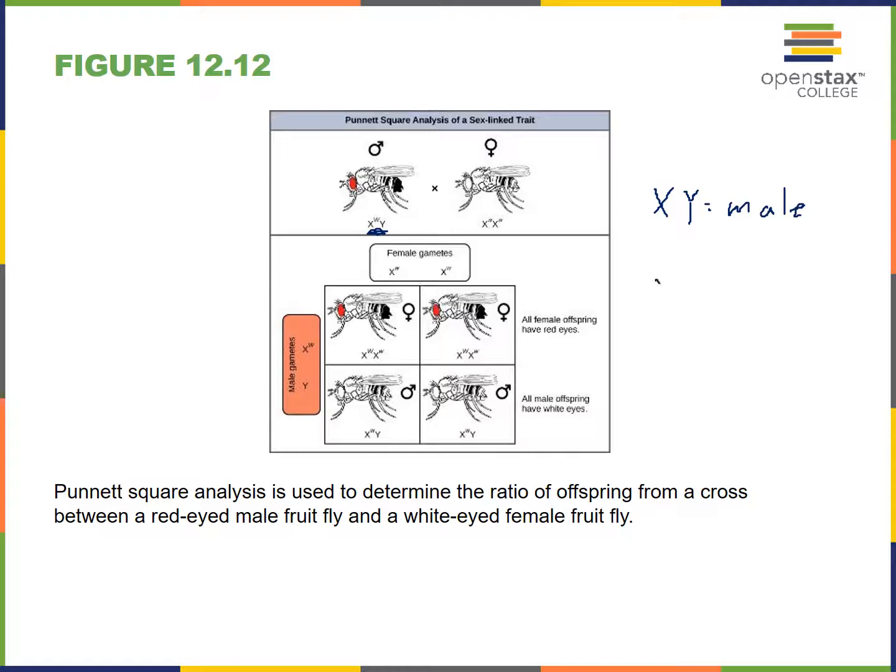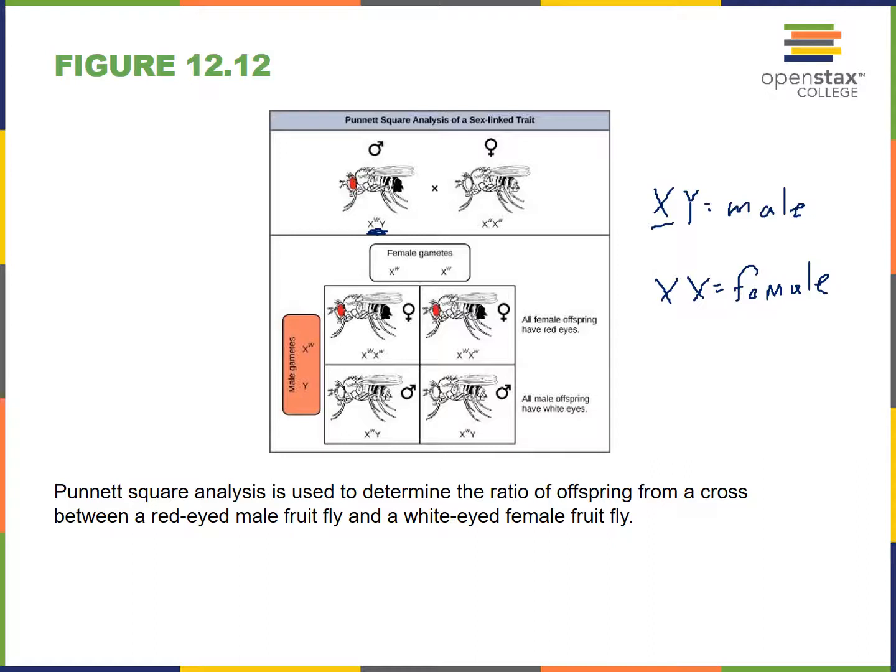When you have a female, you have 2 copies of the X. And since we're looking at X-linked traits, the female can be homozygous or heterozygous. But the male is essentially hemizygous.